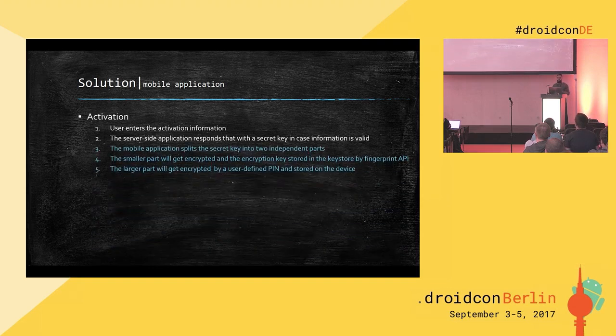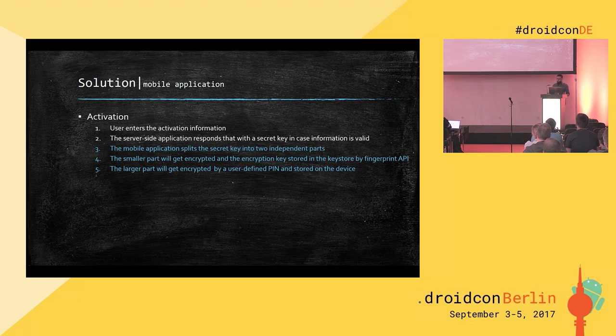But in the remaining steps, the mobile application will split the received secret key into 2 parts. The first part will be 20 bytes, and the second part will be 10 bytes. The 20 bytes will get encrypted by a PIN code and will be stored on the device, the same as in the past, normally.